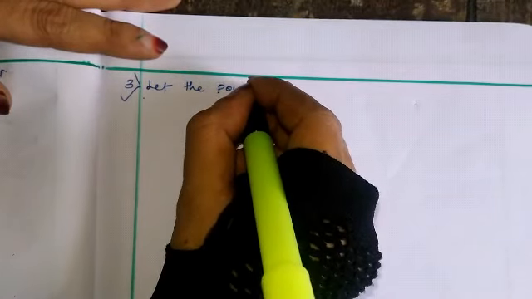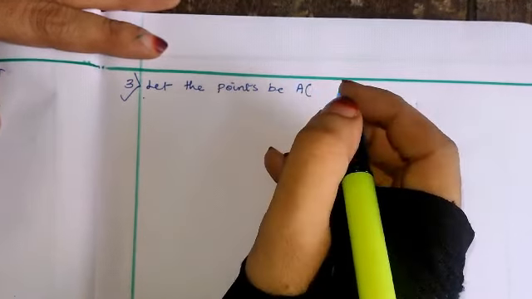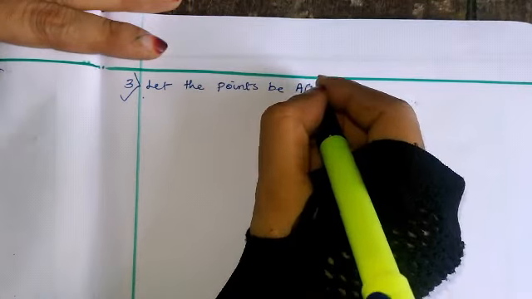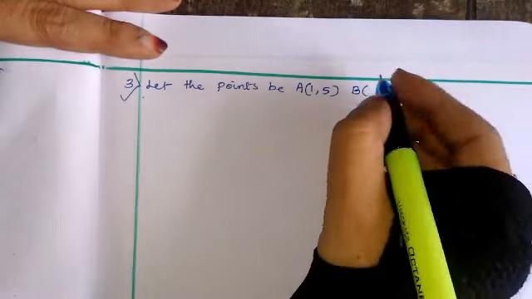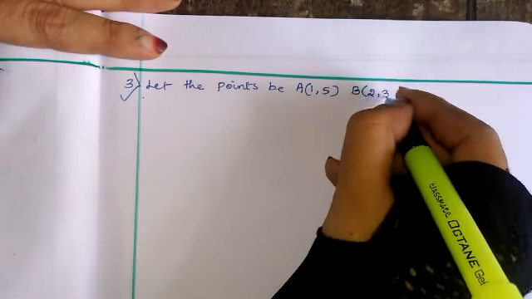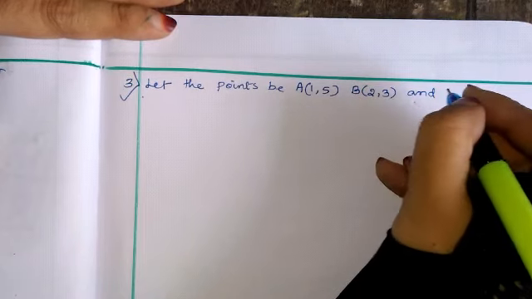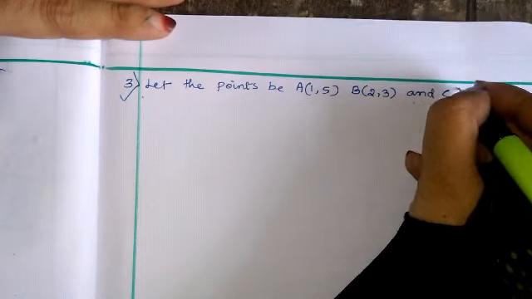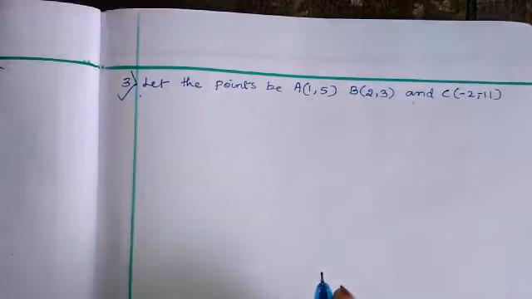We'll give them names. Points A (1, 5), B (2, 3) and C (-2, -11). Now what they are asking is whether they are collinear or not.